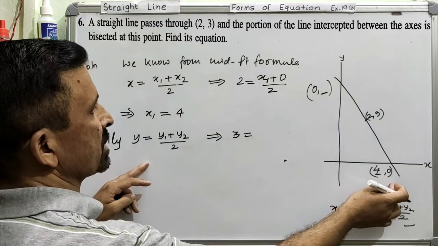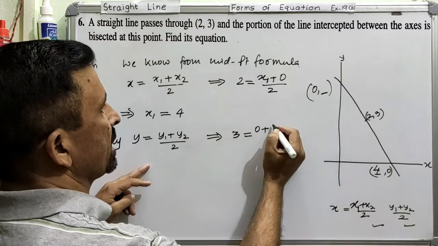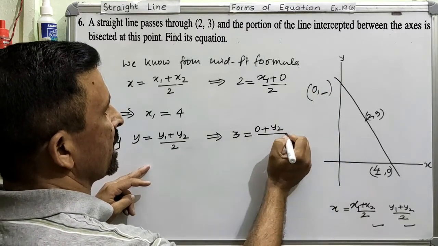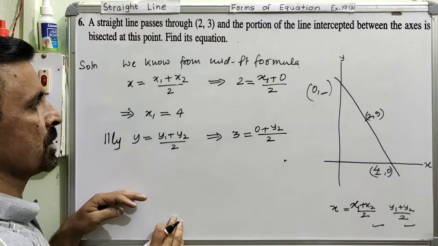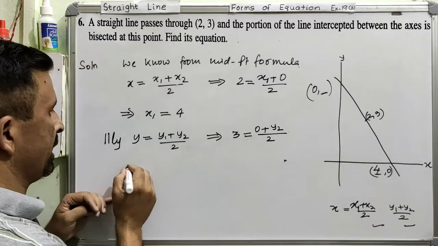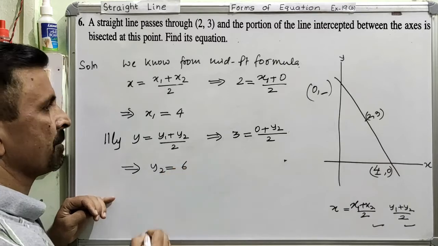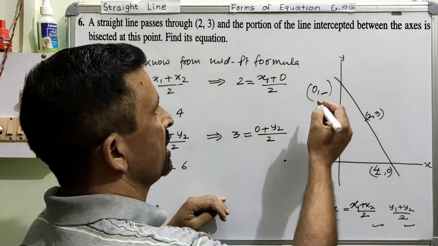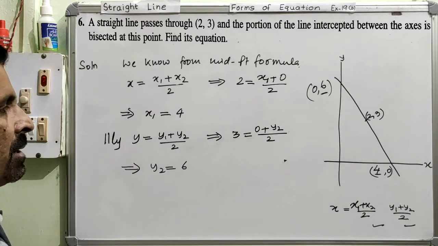Suppose this is y1, then 0 plus y2 missing, divided by 2. Is it okay? So simplify, and you get y2 is equal to 6. Cross multiply, and therefore this is 6. So now you got this coordinate, and you can now write down the equation.